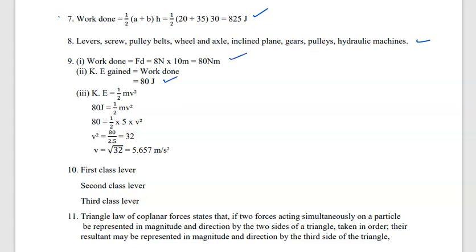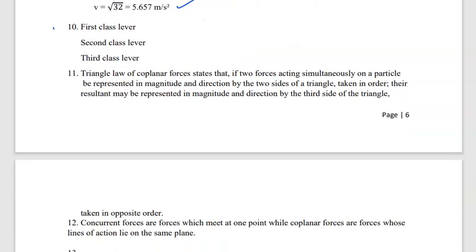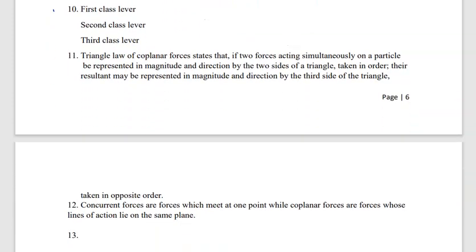Roman 1, Roman 2, Roman 3, the answer is here. Then number 10, number 11, you can scroll downwards. Number 11 is the triangle law, coplanar forces. Then it moves up to here. Then number 12, difference between concurrent forces and coplanar forces.